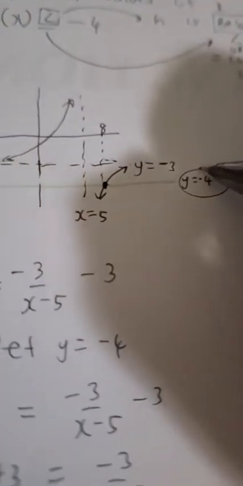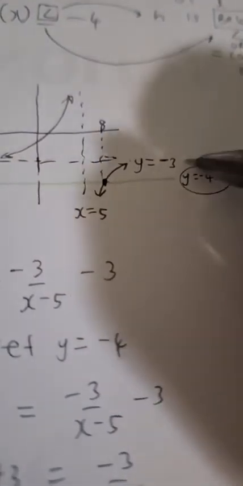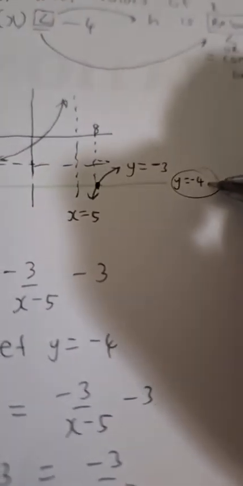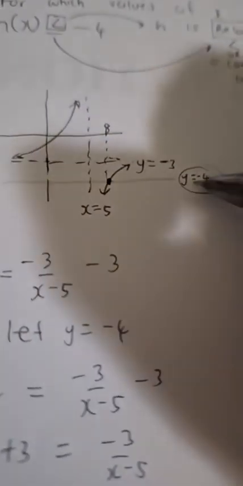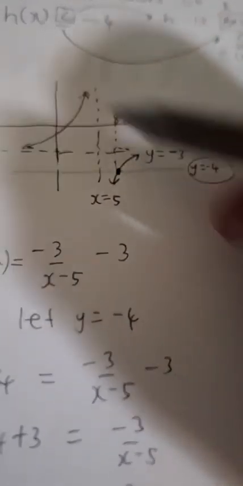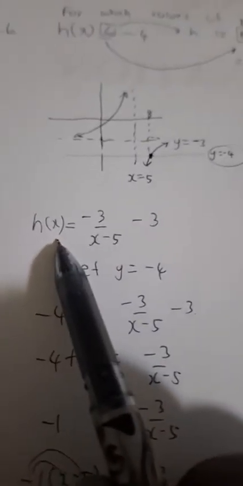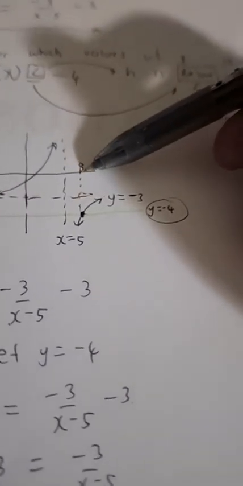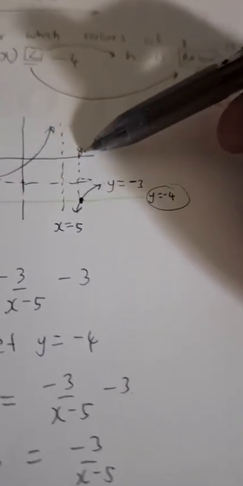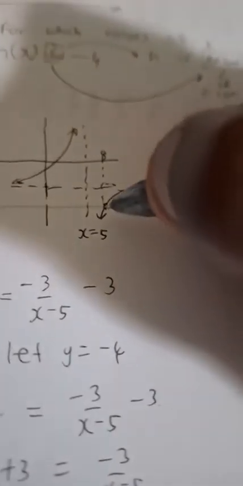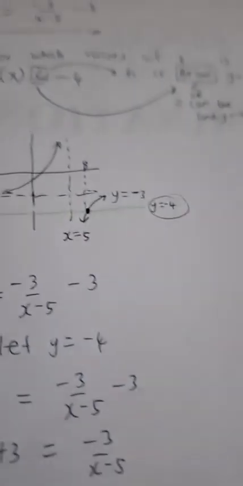Remember, I just used the fact that y is equal to -4. I substituted y is equal to -4 into the hyperbola function, which is the h of x that I've gotten. I got a corresponding x value, which is 8. So I know my x value here is actually 8.